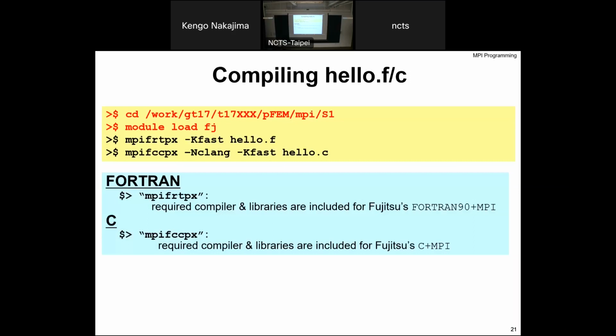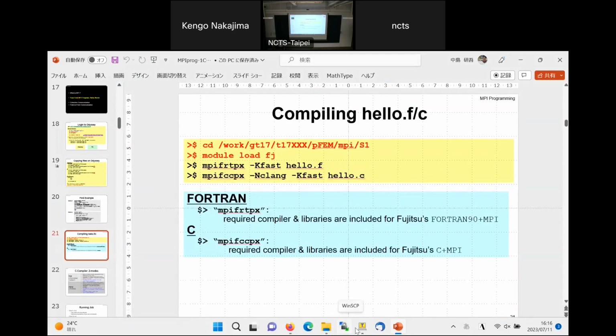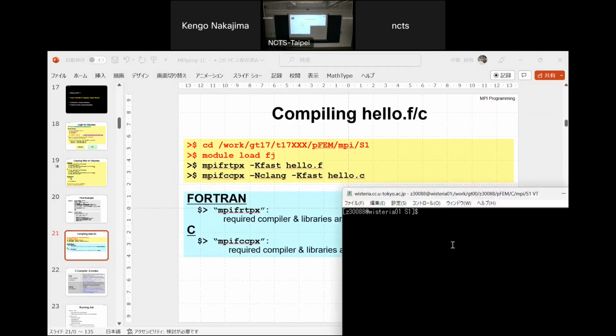This mpifccpx provides the compiler environment and also the required libraries, and it is used for Fujitsu's C plus MPI.